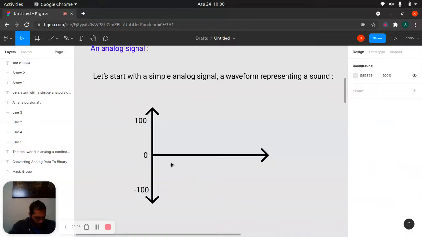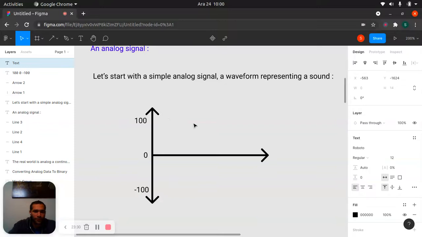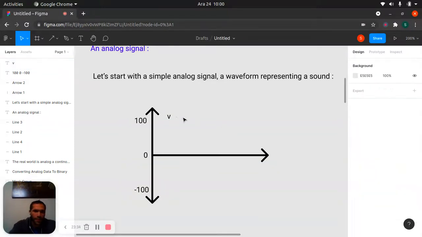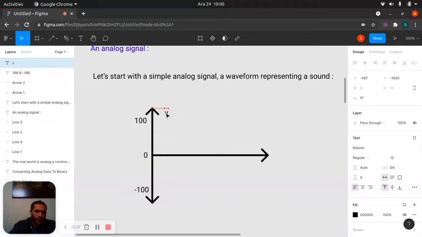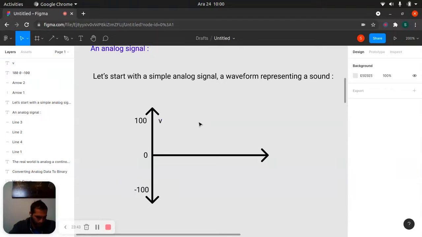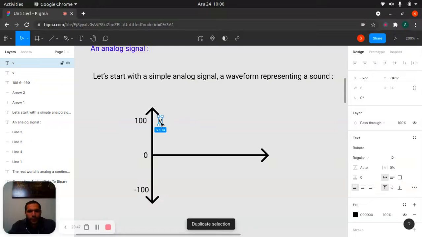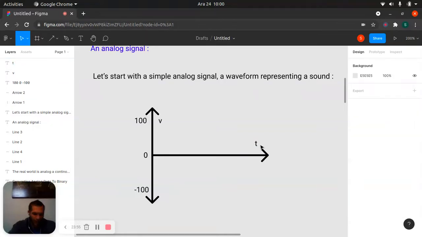Okay, and then let's put here V to represent volt. V meaning V is volt. Let's also put here T, which is representing time.